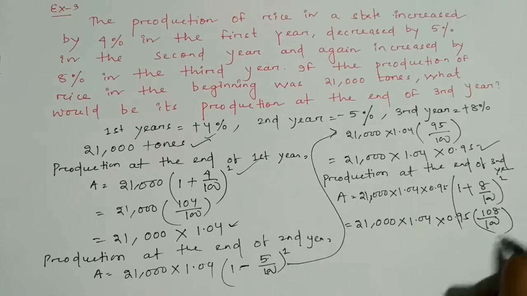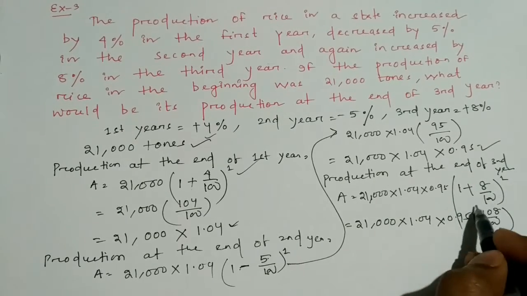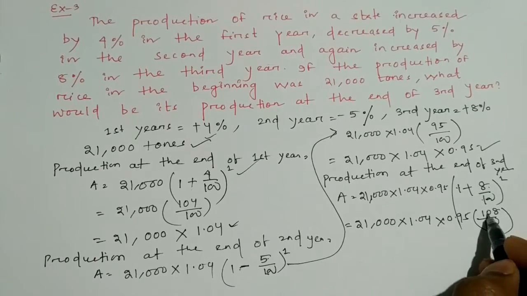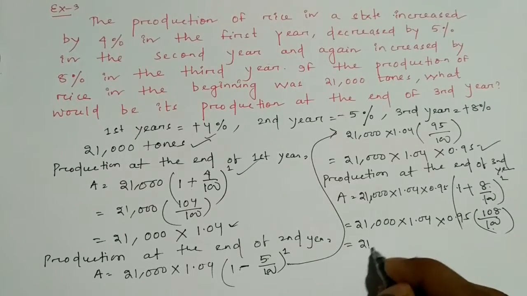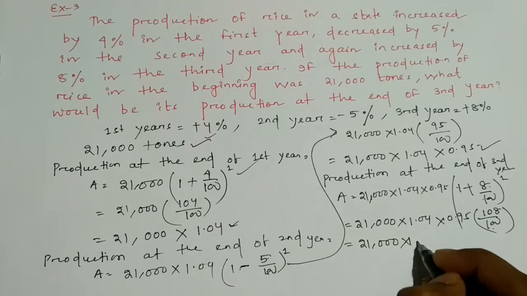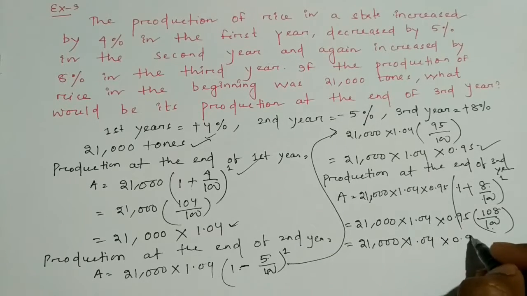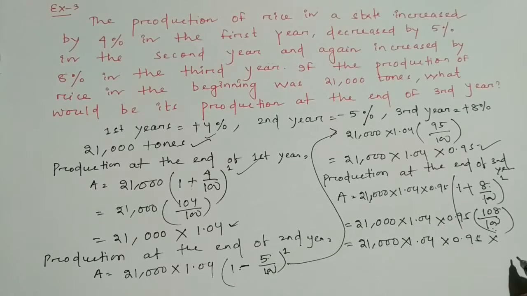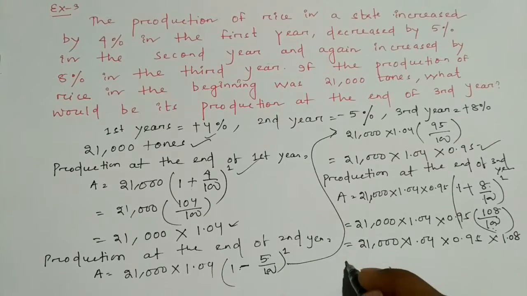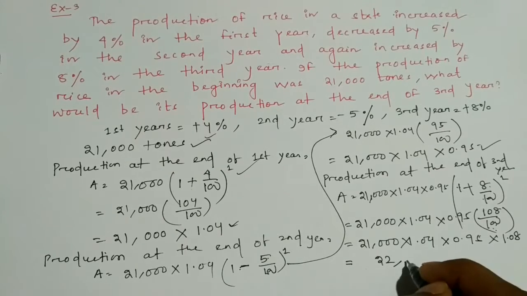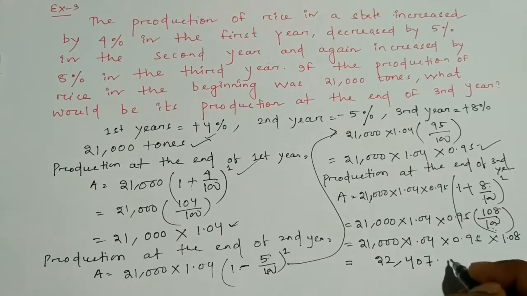Taking 100 as LCM, 100 plus 8, that is 108 divided by 100. So it will be 21,000 into 1.04 into 0.95, and 108 by 100 is 1.08. Solving this, finally we get 22,407.84 tons.